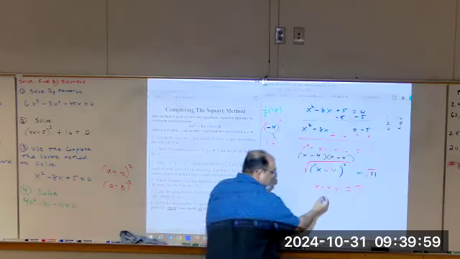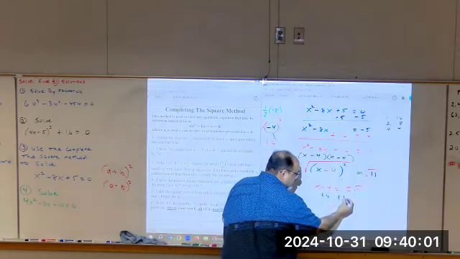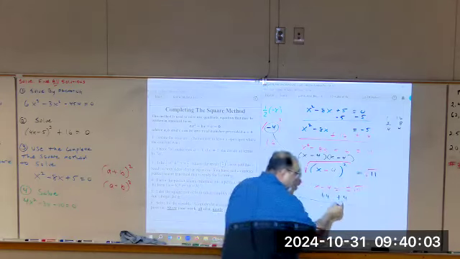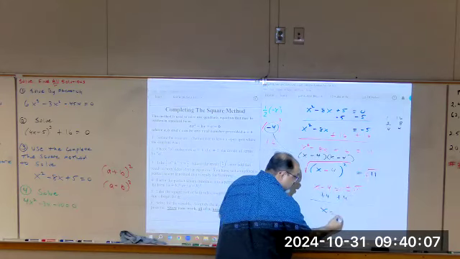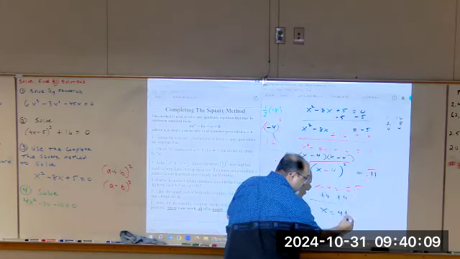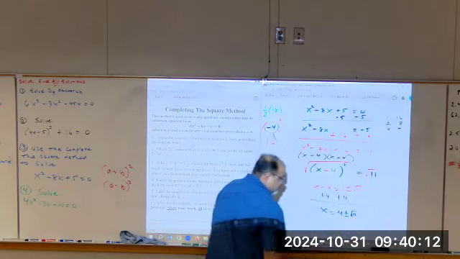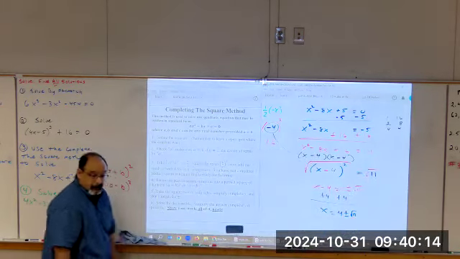Solve for x, add 4. You can't add 4 to the square root of 11 because nothing breaks out, so the answer is positive 4 plus or minus the square root of 11. You leave your answer just like that.